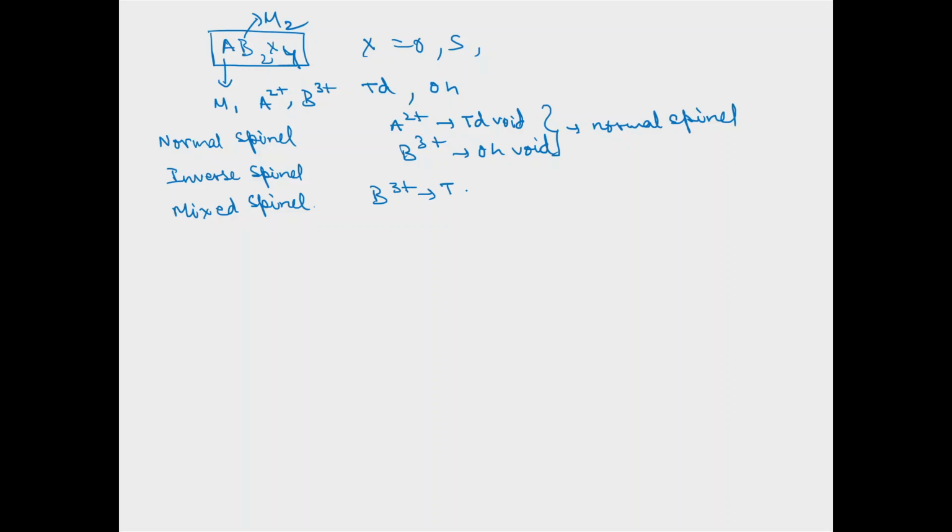Whereas if we have B3+ in the tetrahedral void and the octahedral void consists of both A2+ and half of B3+, like half of B3+ will be present in the tetrahedral void and half of B3+ in the octahedral void along with A2+, then we call it an inverse spinel structure.